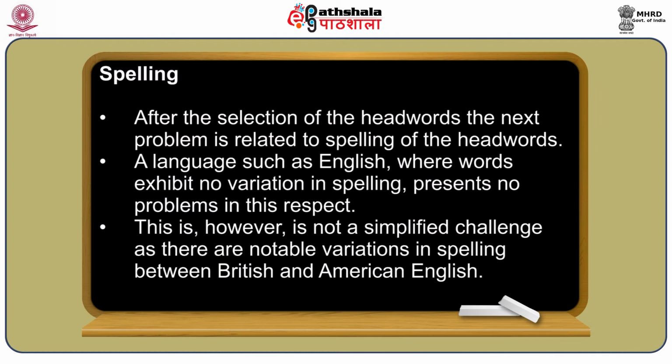Spelling. After the selection of the headwords, the next problem is related to the spelling of the headwords. A language such as English, where words exhibit no variation in spelling, presents no problem in this respect. This is, however, not a simple matter, as there are notable variations in spelling between British and American English.